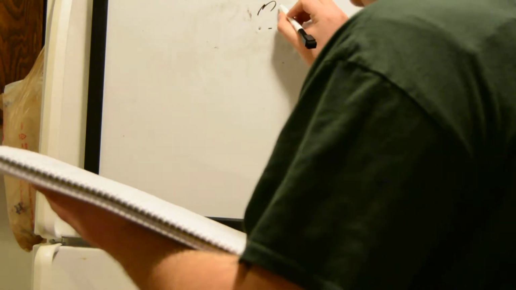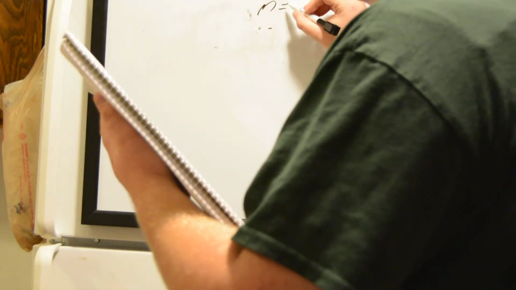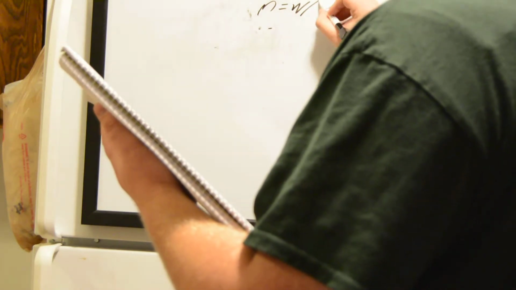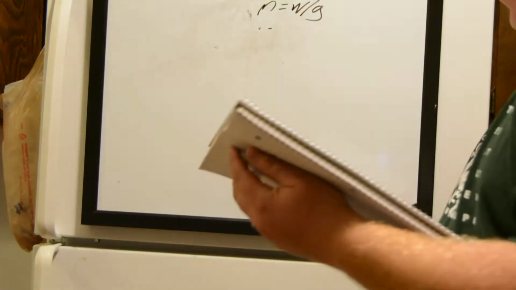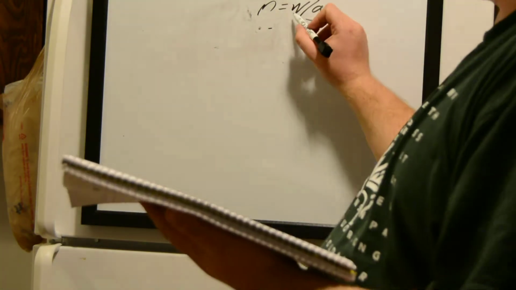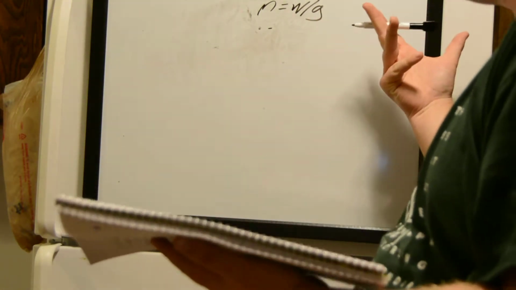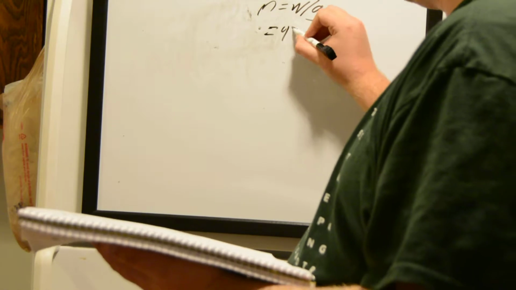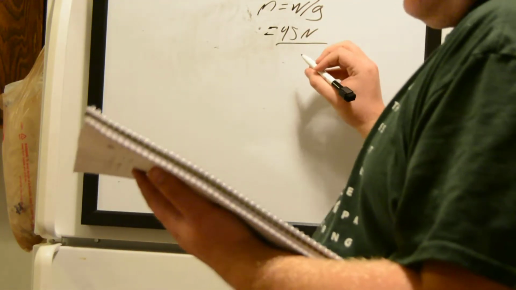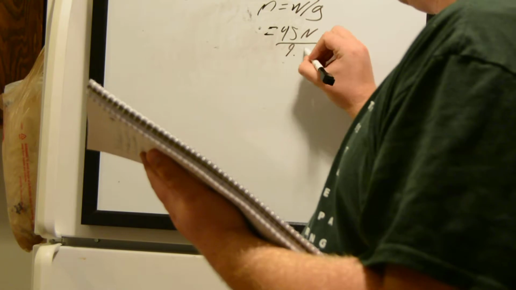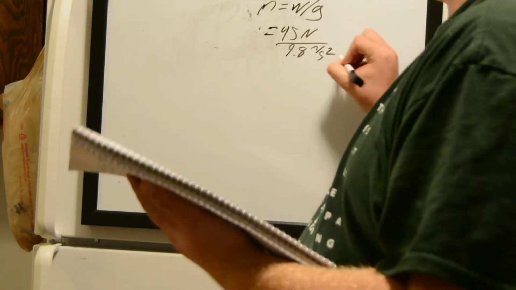So, first of all, we know that mass is equal to your weight divided by gravity. We're looking for the mass because we're given its weight, that it's 45 newtons, and we know what the acceleration of gravity is. So we can just plug that in right away. We have 45 newtons divided by 9.8 meters per second squared.